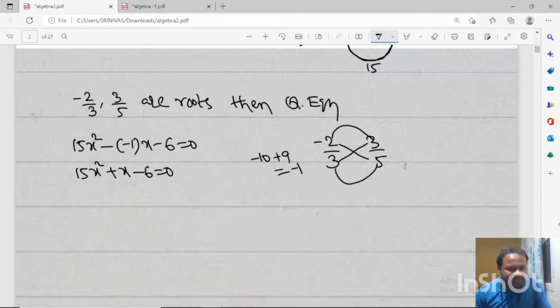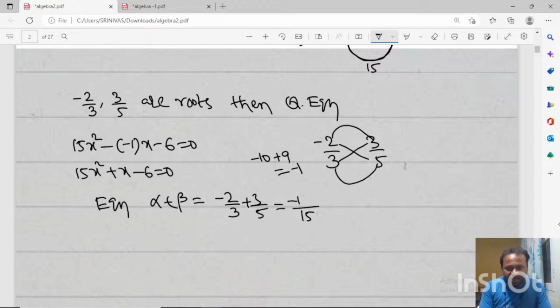You can do it in the original method also. What is that equation? That is the sum of the roots: minus 2 by 3 plus 3 by 5. 5 threes are 15, 5 twos are 10 plus 3 threes are 9.